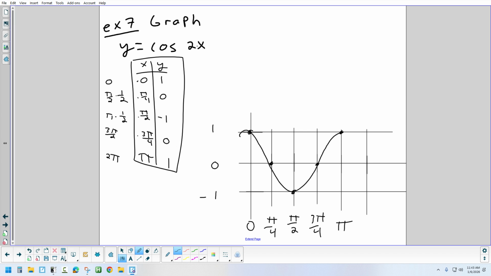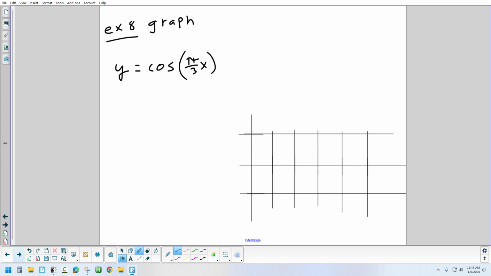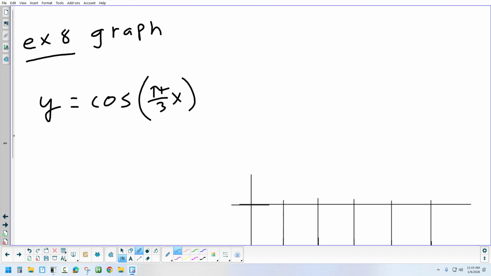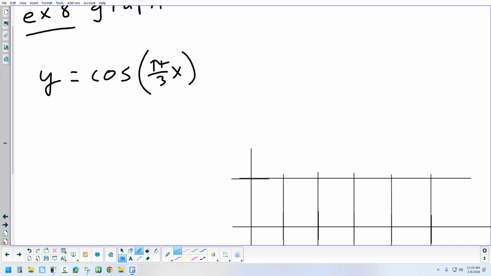Let's do one more, but I'm not going to graph it. We're just going to do the table. All right. Can somebody guide me through it? What do I do first? Put the original cosine y's down. Okay.